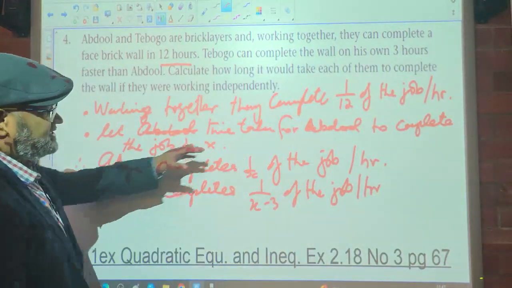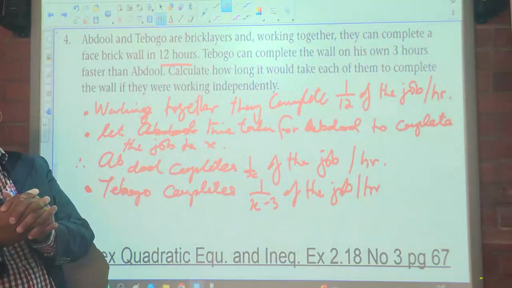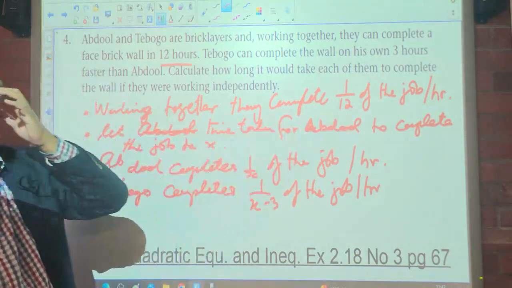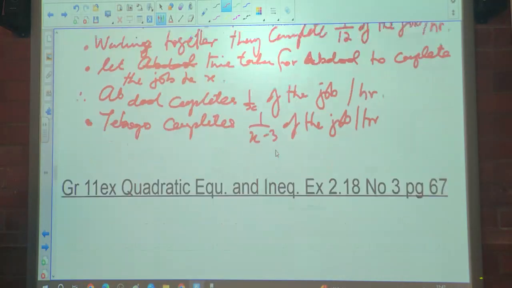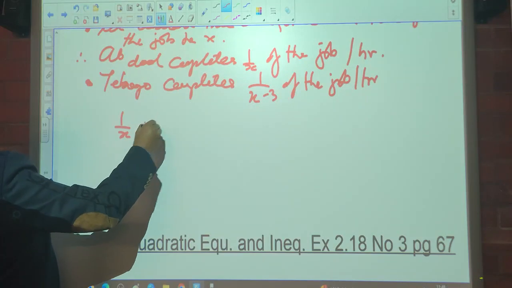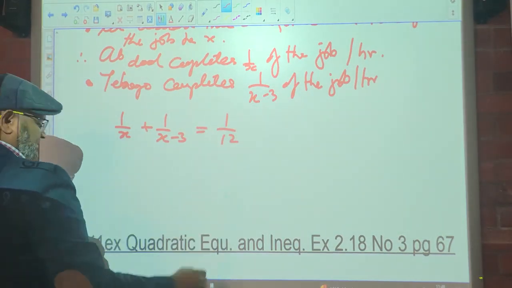So if I take Abdul's rate per hour and the other's rate per hour added together, we should get 1 over 12. Can you see that, people? So we have 1 over x plus 1 over x minus 3 is equal to 1 over 12.